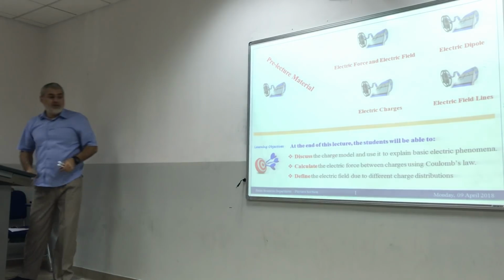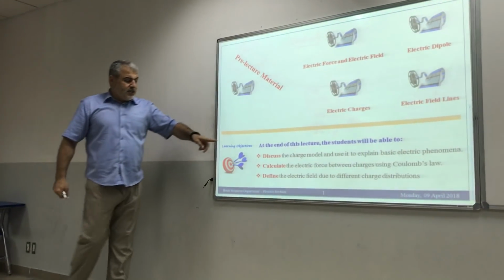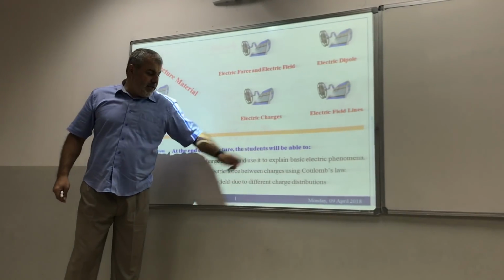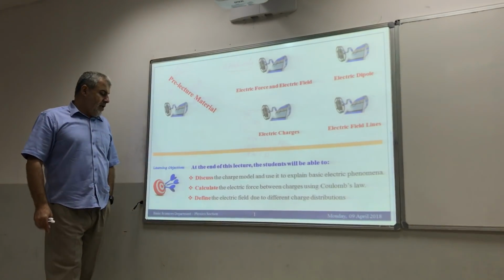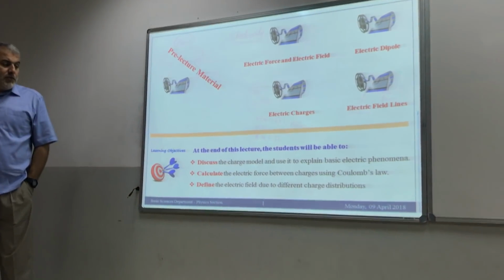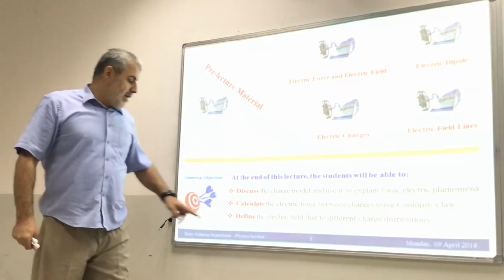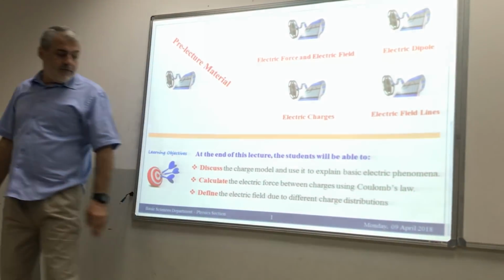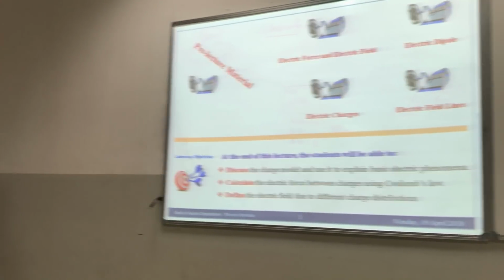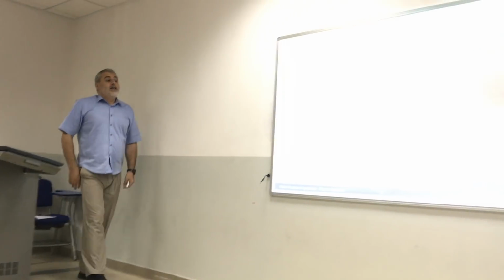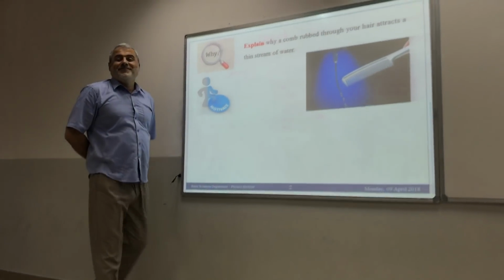We will discuss the charge model and use it to explain basic electric phenomena. We calculate the electric force between charges using Coulomb's law. You know that, you took it last year. The electric field due to different charge distributions. This is my main case. Now let us go. Can you explain this picture for me?